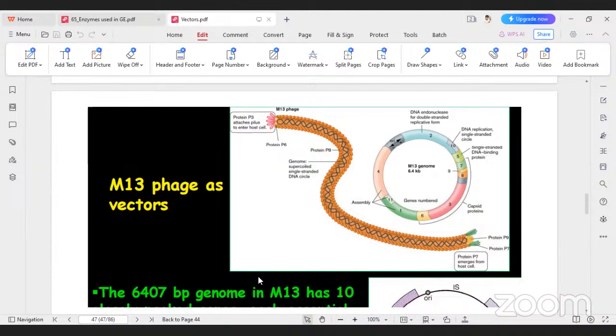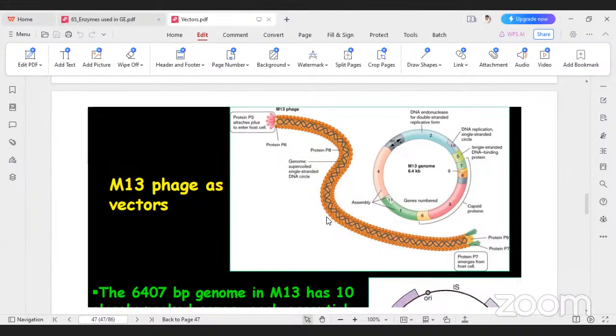Long, not double stranded, remember. Long single stranded circular DNA. M13 phage has been variously modified to give rise to the M13 series of cloning vectors, which can be used for cloning a wide variety of DNA fragments, particularly for the purpose of sequencing by the Sanger dideoxy chain termination method.